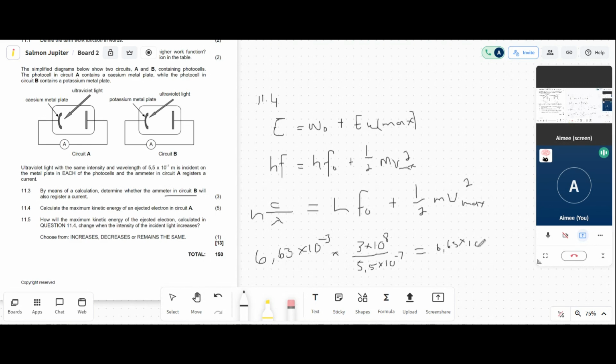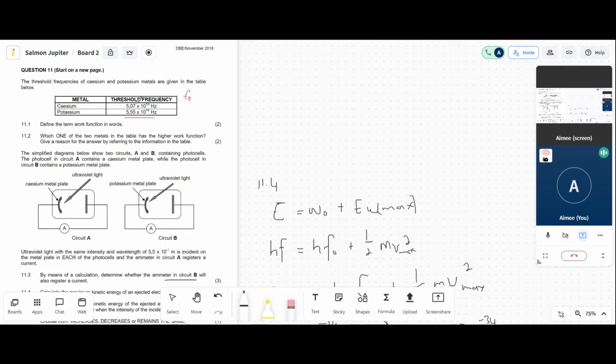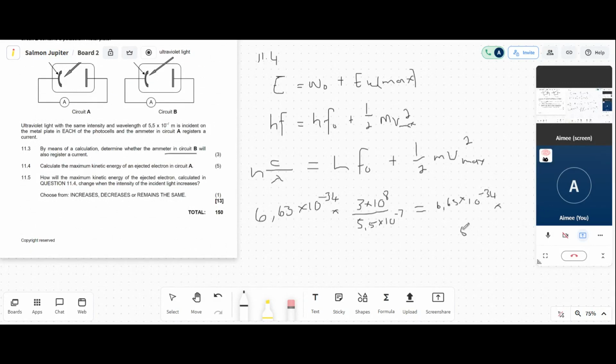6.63 times 10 to the negative 34 multiplied by my threshold frequency, which is, my threshold frequency for cesium is 5.07 times 10 to the 14. Remember, I'm just running out of space here, so this looks terrible now. And then plus our EK max.